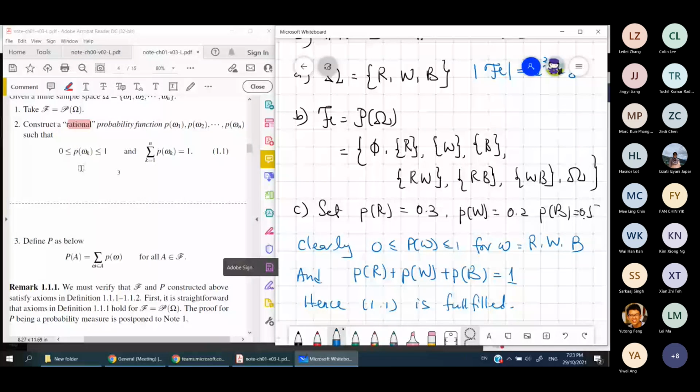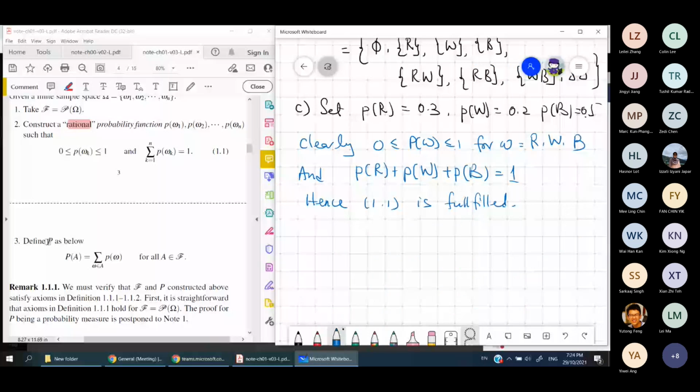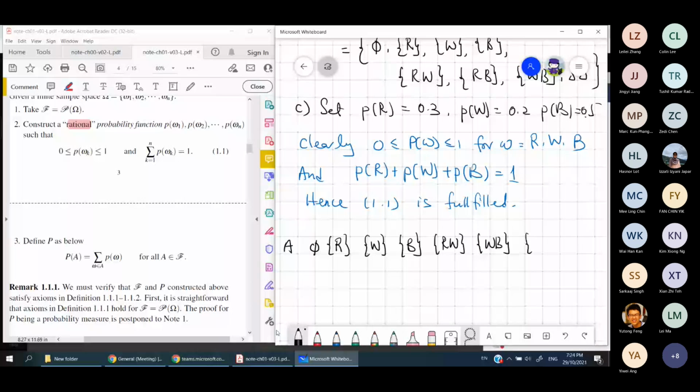And number 3, we define the probability measure this way. Maybe I can write this down. I'm running out of space here, so I just put R, W, B, RW, WB, RB, and this.